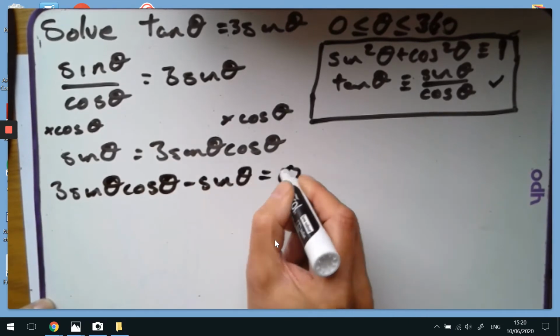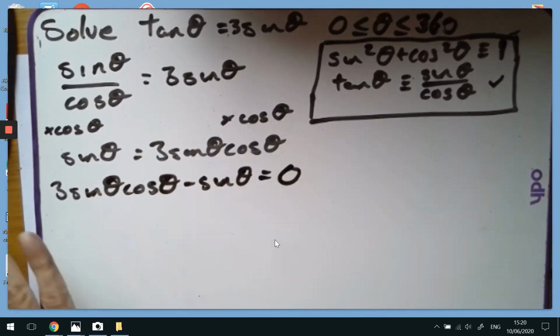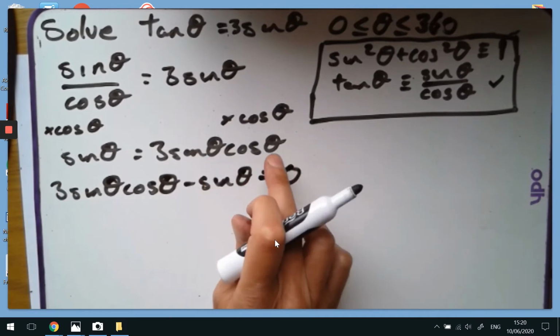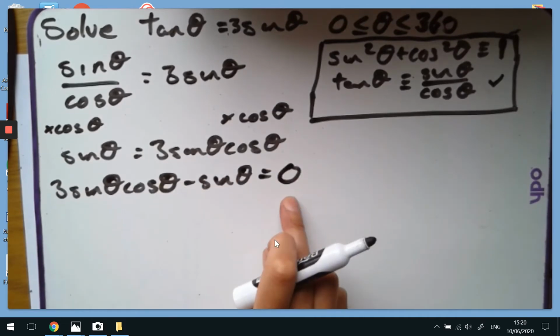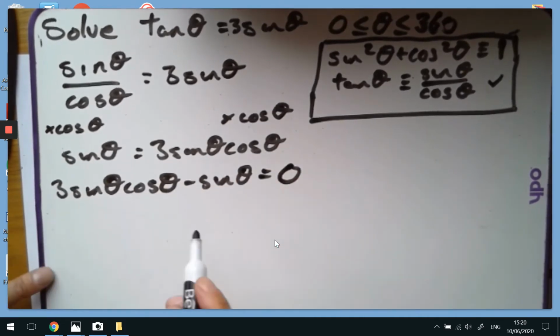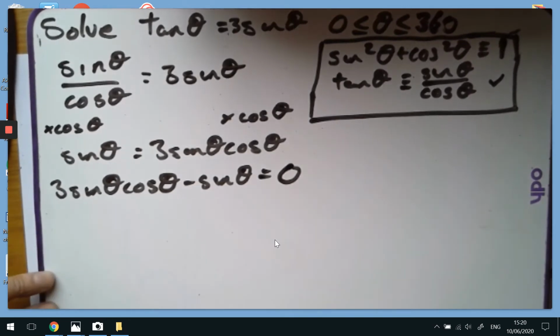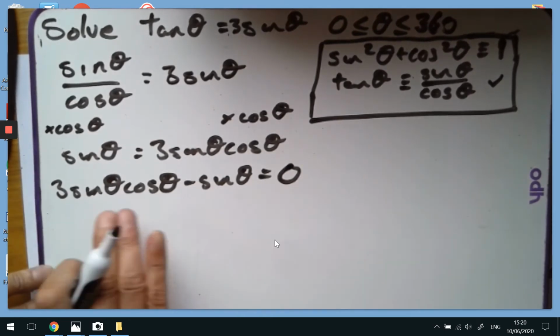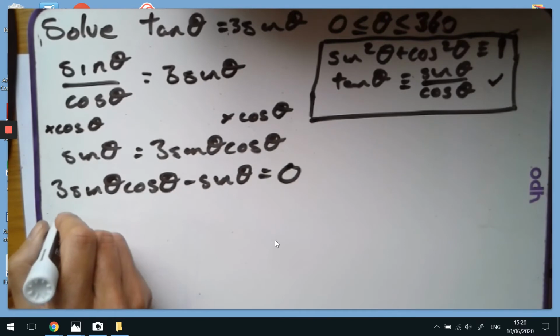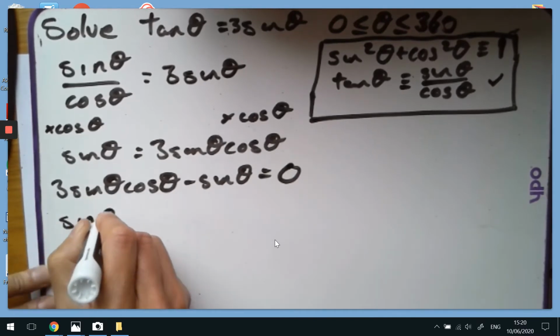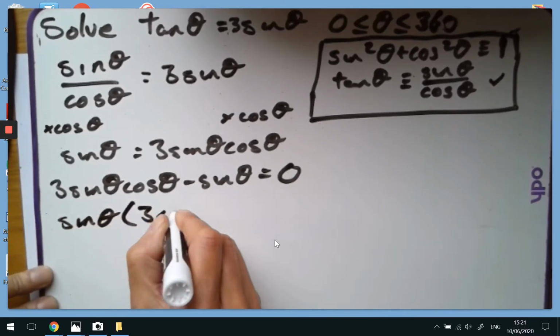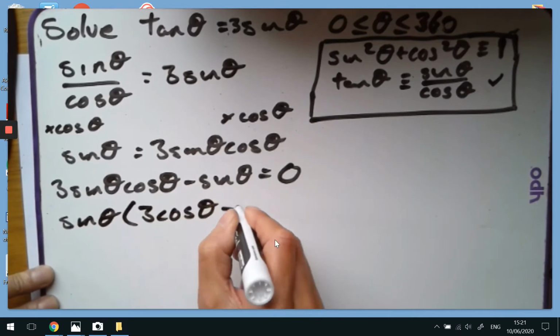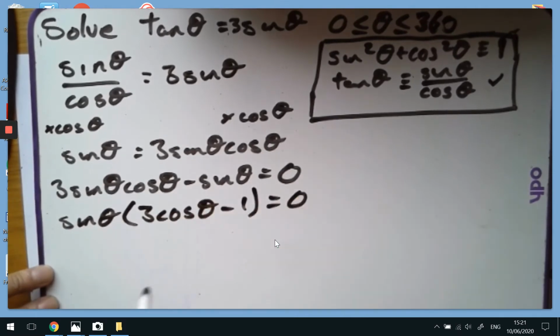I'm just going to move it over to the left. So 3 sine theta cos theta minus sine theta equals 0. Right, so at this point, we're going to factorize out the sine theta. So that's sine theta times (3 cos theta minus 1) equals 0.